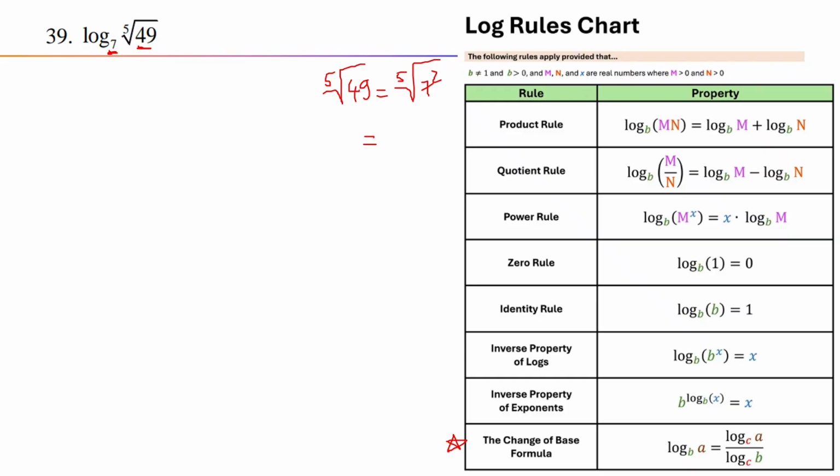And based on the formula, we can rewrite as 7 power on the top over the root 5. Now it will be equal log base 7 of 7 to the power 2/5 over log base 7 of 7.